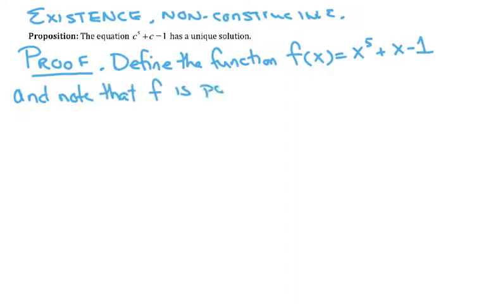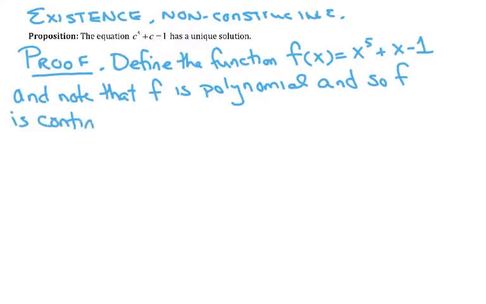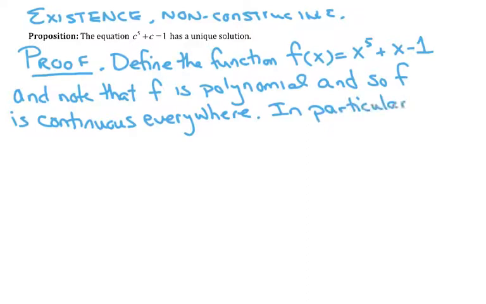So what kind of function is this? It's a polynomial. So continuity is easy to establish. Polynomials are continuous functions. In particular, f is continuous on the interval that we just came up with, 0, 1.